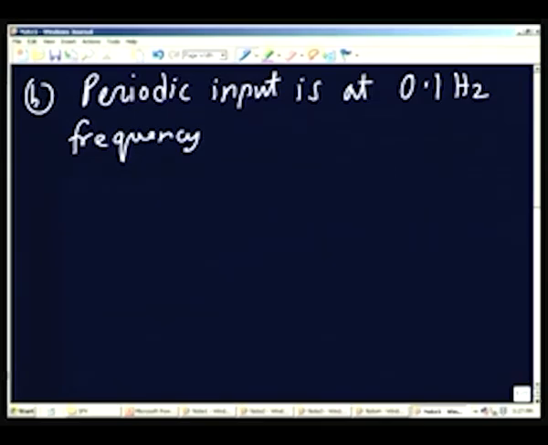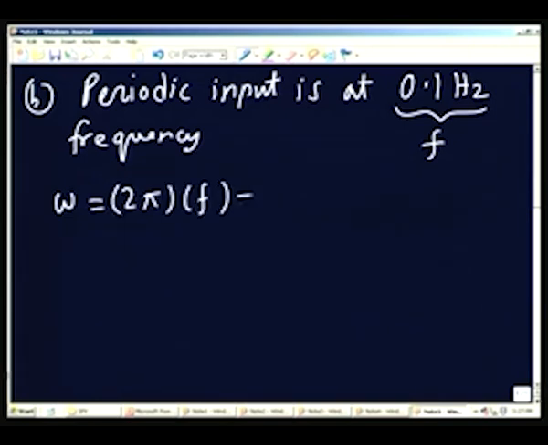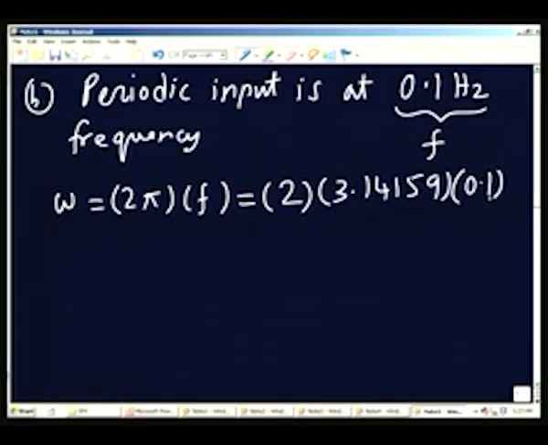It is very simple to do. If you remember, this is f, the frequency, and omega will be given by 2 pi times f, that is 2 into 3.14159 multiplied by 0.1. This will be in radians per second, and this works out to 0.628 radian per second.